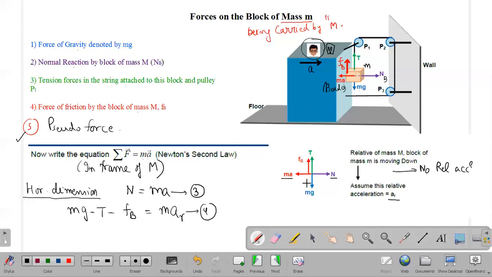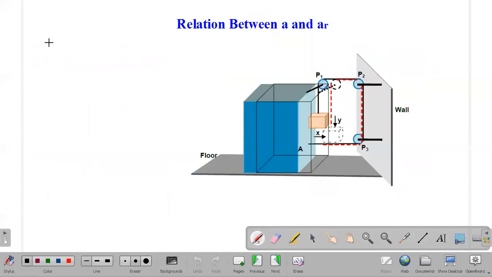Next point. Whenever you find any object being carried by some other object, the carrier and the object which is being carried, if they are connected by a string, remember, that is the key point which can help you in other numericals also.